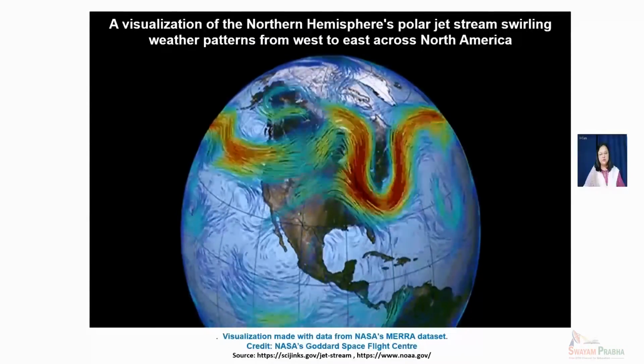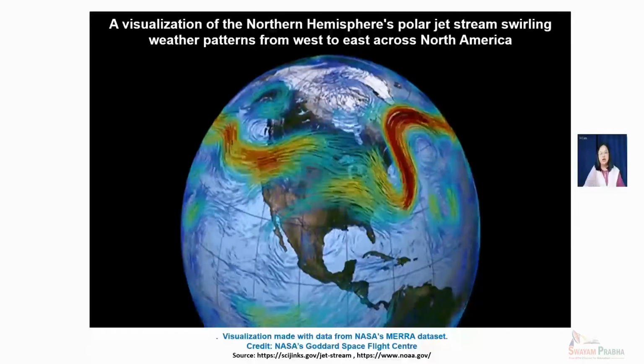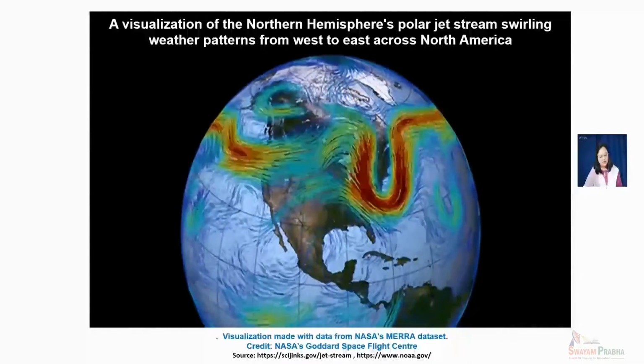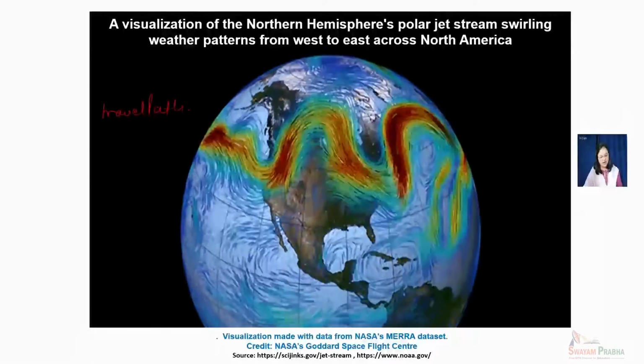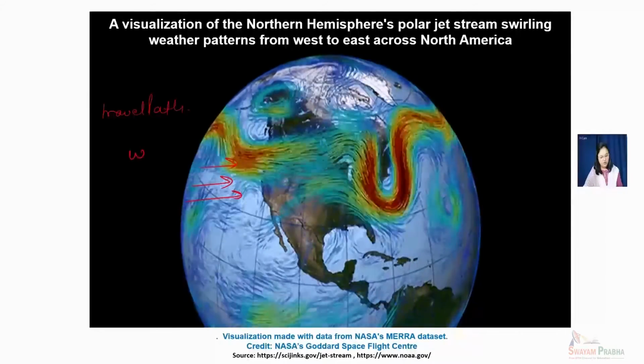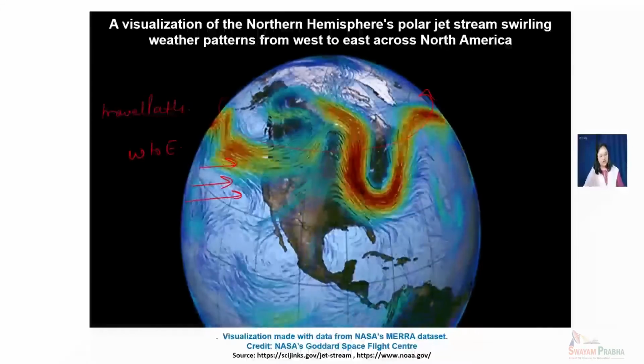A stunning visualization of jet stream is prepared from the accumulated data of NASA. And in this visualization, you can clearly see the travel path of jet stream, and you can see that they are rapidly traveling from west to east, and they are covering the entire globe.